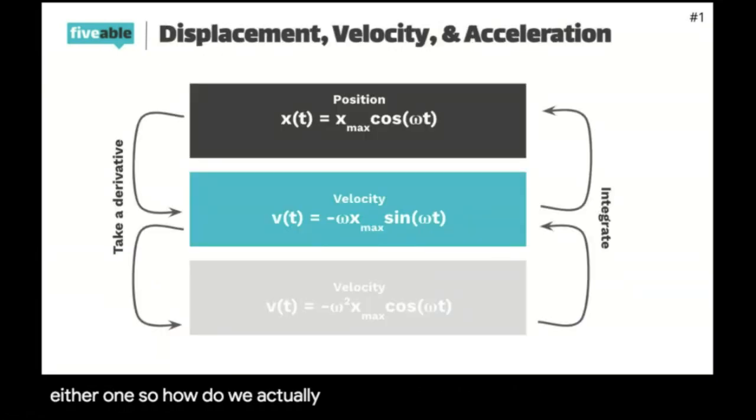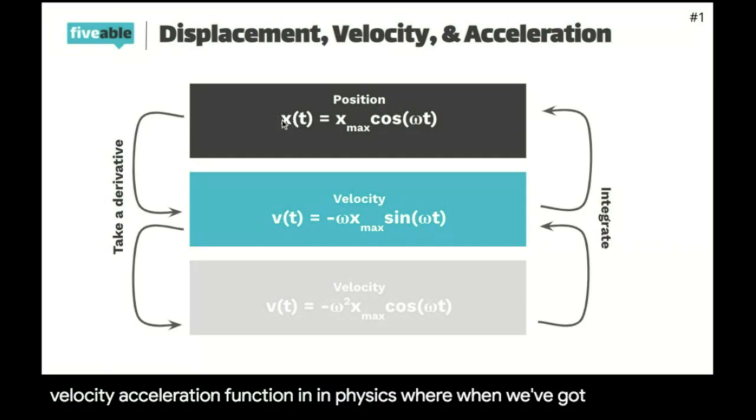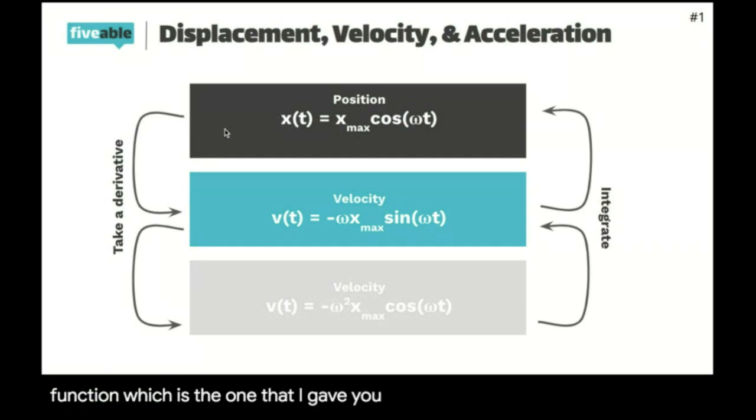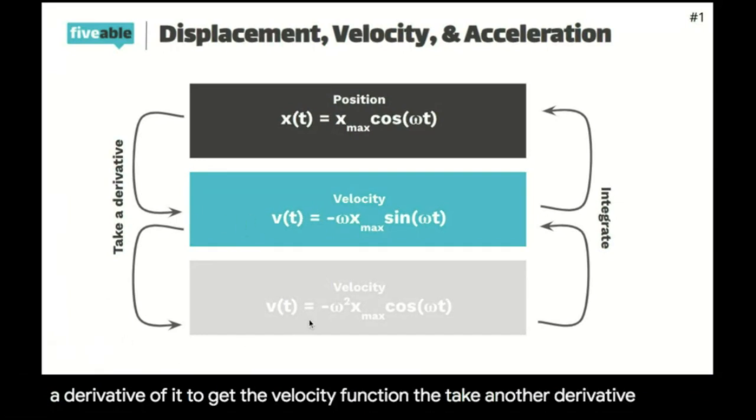So how do we actually work with these functions? The way that we do it is just like we would work with any other displacement, velocity, acceleration function in physics. When we've got a position function, which is the one that I gave you, we take a derivative of it to get the velocity function, and then take another derivative to get the acceleration function.